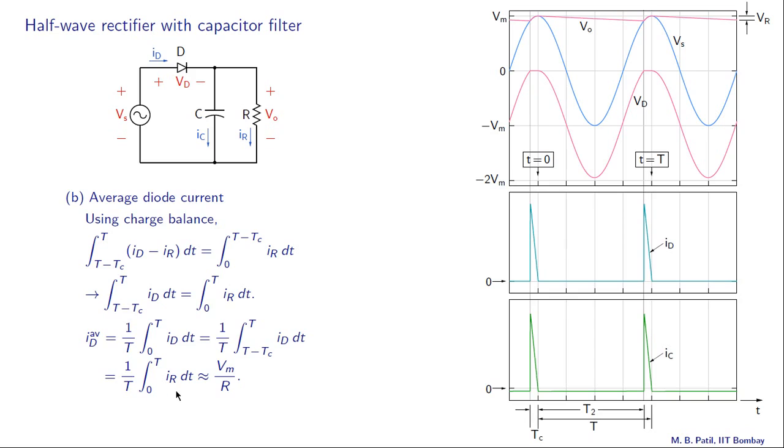Now IR is nearly constant as we have seen before, so it's just Vm by R, and then so the average value of ID turns out to be equal to the average value of IR, that is Vm by R. And for this example, it turns out to be 16 volts by 100 ohms, that is R, and that is 160 milliamperes.